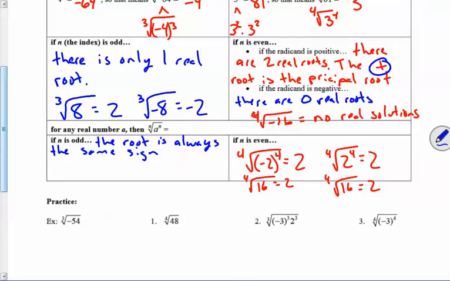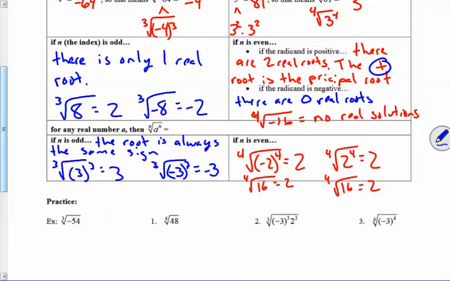So if I had the third root of 3 to the third power, it would be 3. If I had the third root of -3 to the third power, it would be -3, right? The odd roots always keep the sign. The even roots, you'll always give me positive numbers, okay?